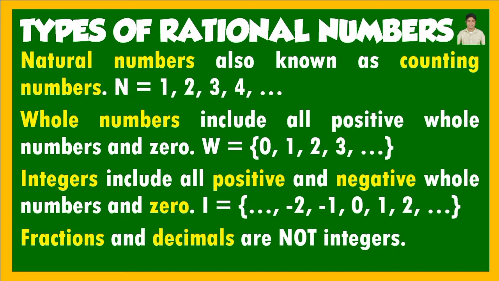Dahil, kapag po ang isang number ay integer, kailangan whole number siya, buo. And alam naman natin, yung mga fractions and decimals, hindi naman po yan mga whole numbers. Kaya we can never classify fractions and decimals as integers.